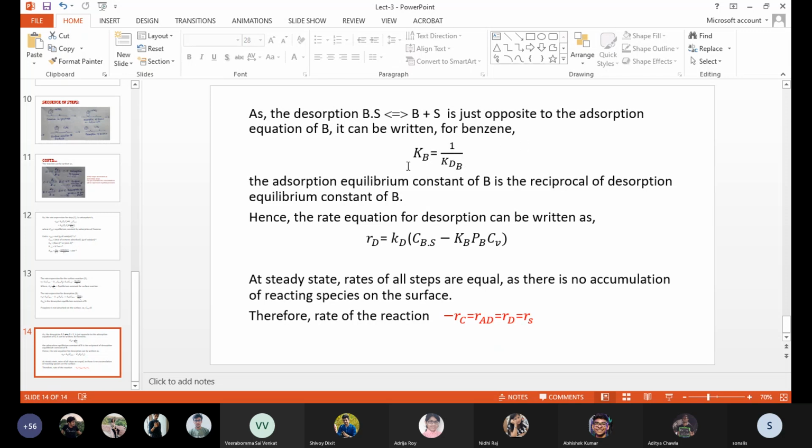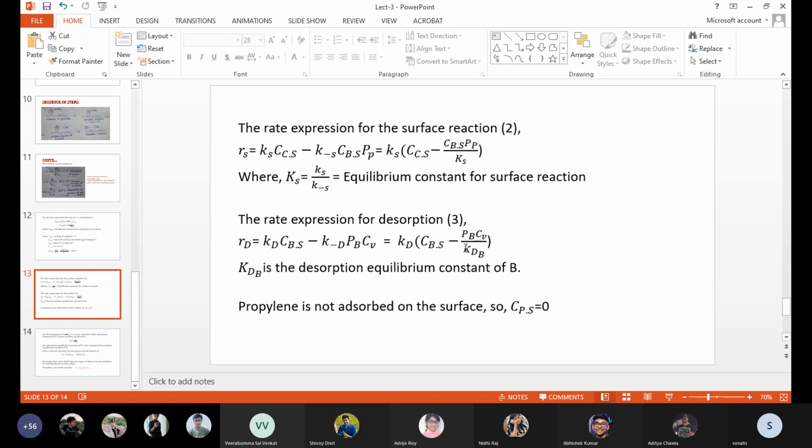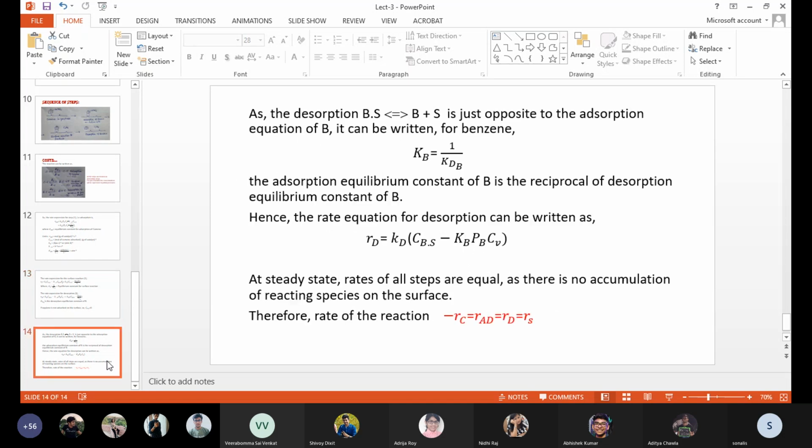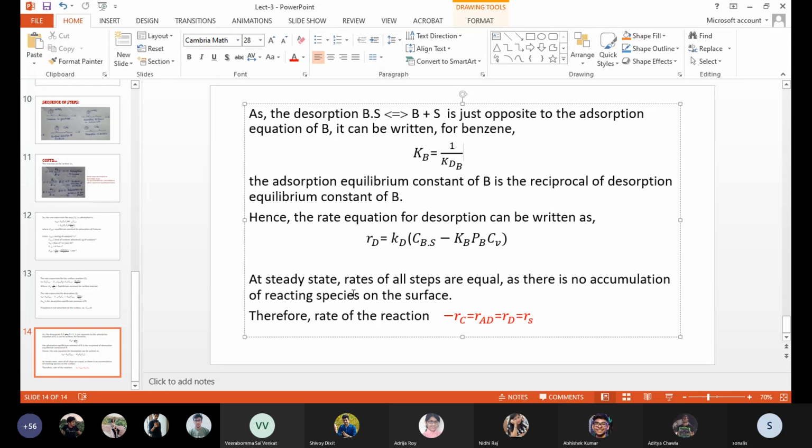So for benzene, KB, the adsorption equilibrium constant, is equal to 1 by KD of B, the reciprocal of the desorption equilibrium constant of B. So in place of KD of B, we can write KB PBCV, giving CBS minus KB PBCV.